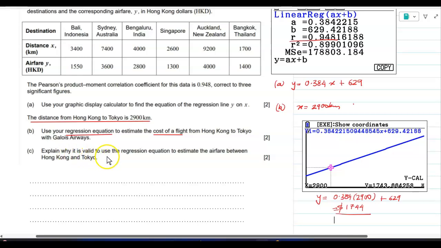Explain why it is valid to use the regression line to estimate the cost between Hong Kong and Tokyo. Why is it valid?